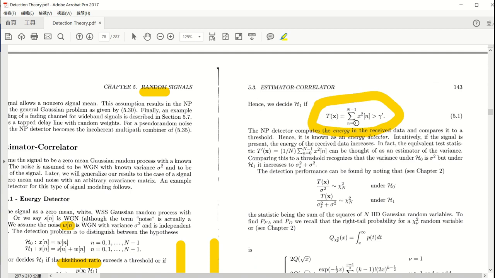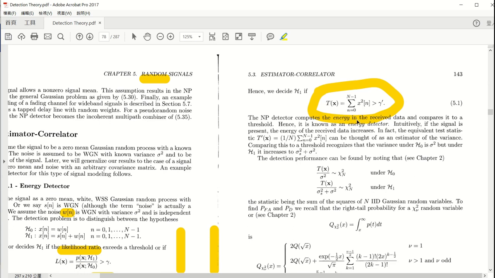The only unknown at the left hand side is x squared, and in fact x squared should be unknown. Why? Because it's the observation. Every time you make a detection, you observe data, and that data is supposed to be different from time to time because it has noise.